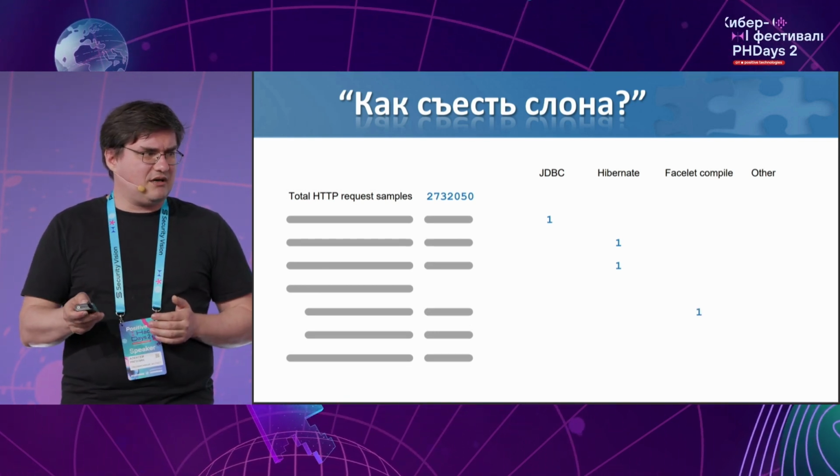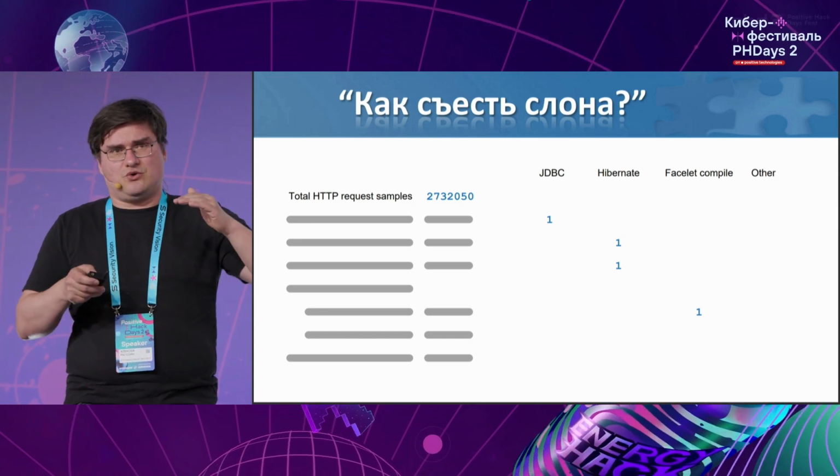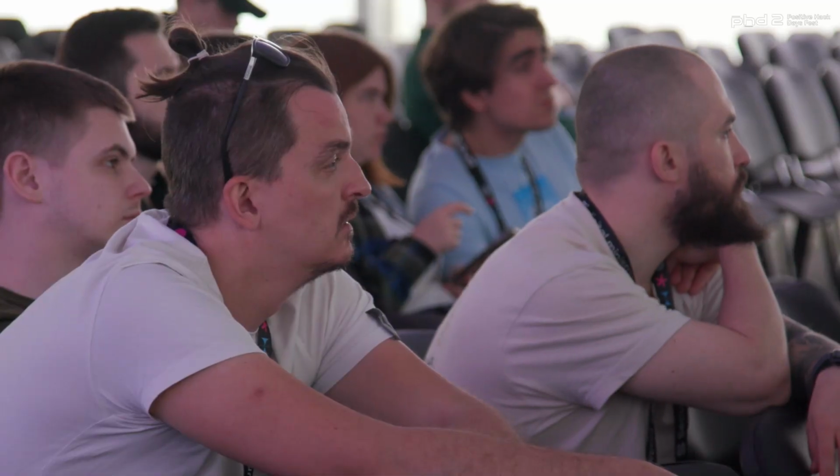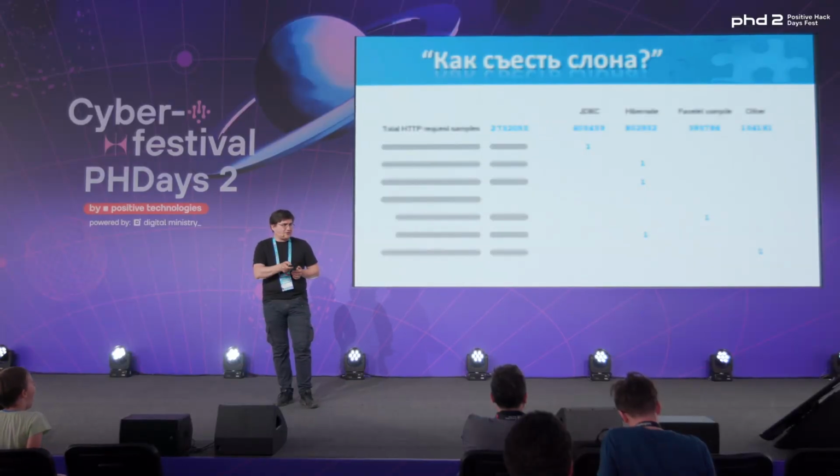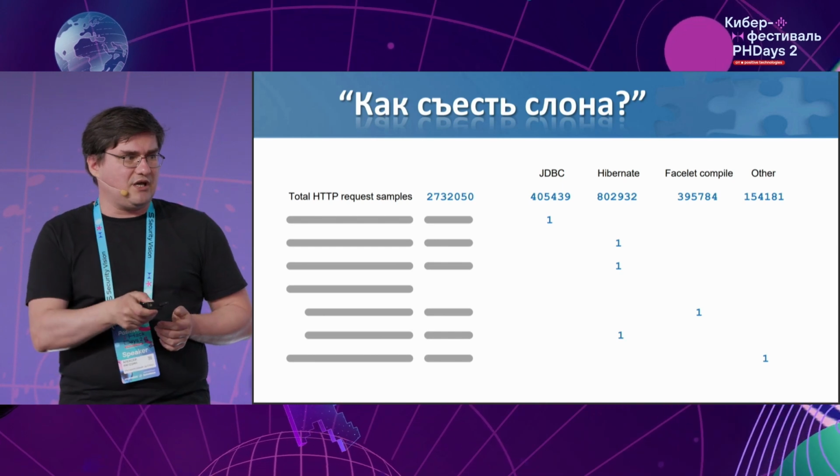And that's the way we populate the entire diagram. Sometimes there are several pathways to the hot method, and that requires additional analysis to better understand how many facelet compiles we have, and so on and so forth.